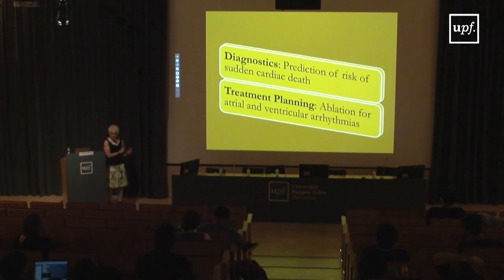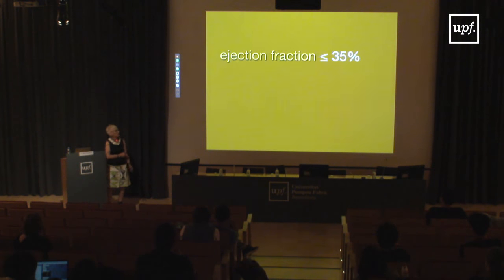One is diagnostics, and particularly prediction of risk of sudden cardiac death, which is a huge problem in our society. And the other is treatment planning, individualized treatment planning for ablation, for burning of the arrhythmia, for both atrial and ventricular arrhythmias. So I'm going to start with the diagnostic.